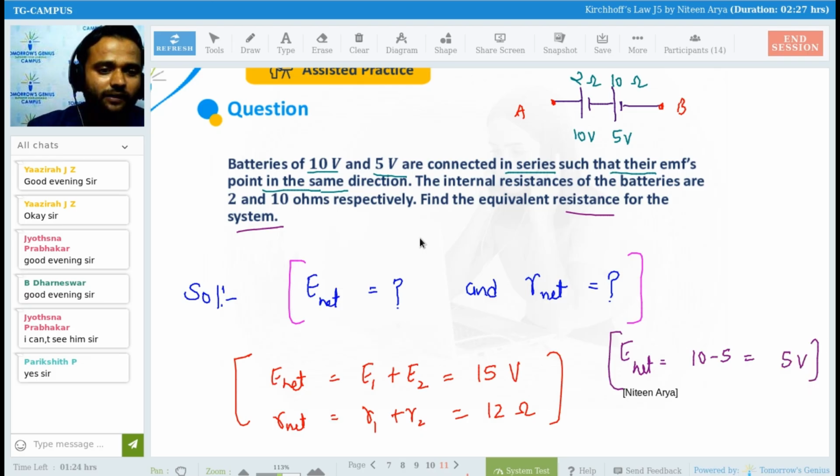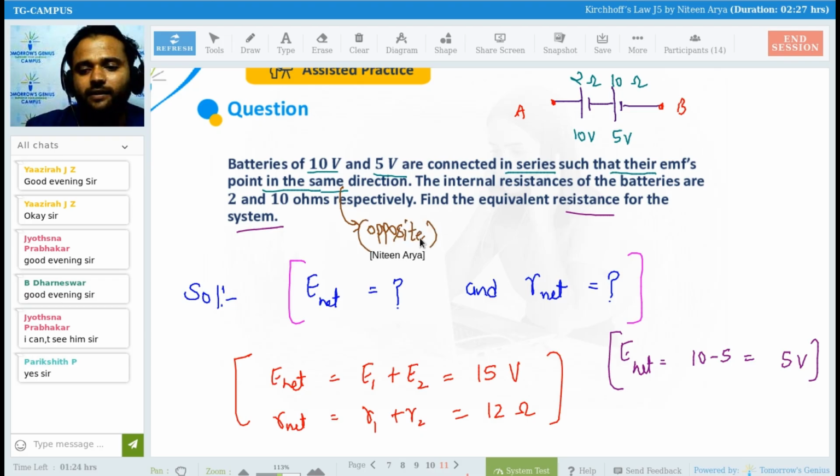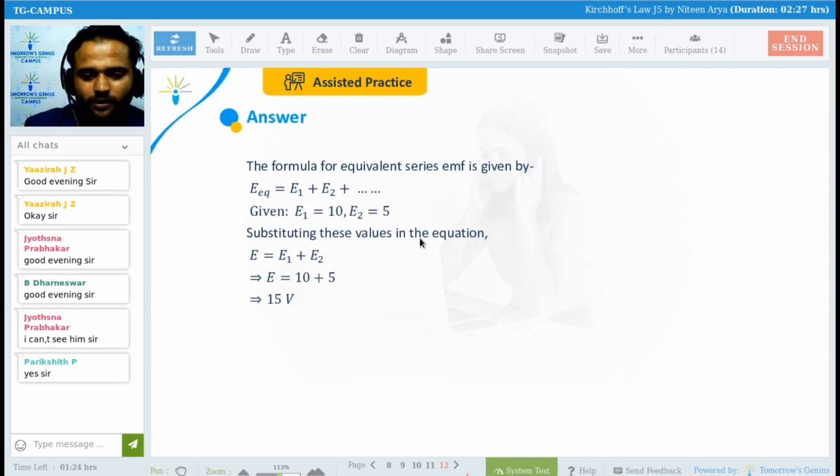Clear everyone? If it is written over here in opposite direction, then the net EMF is going to be lesser than the actual ones, while the resistance is going to be added in the same way.